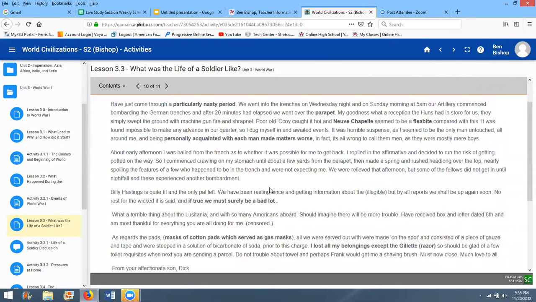It has a lot of really good information. About early afternoon, I was hailed from the trench as to whether it was possible for me to get back. I replied in the affirmative, decided to run the risk of getting potted on the way. So I commenced crawling on my stomach until about a few yards from their parapet. Then made a spring and rushed headlong over the top.